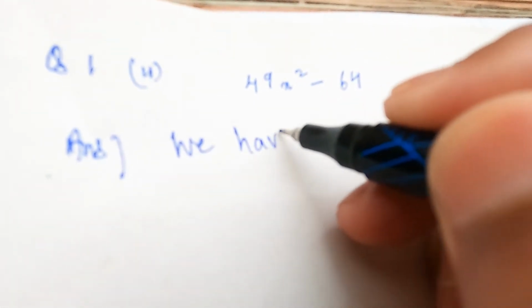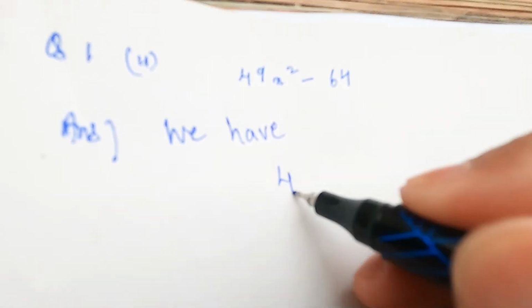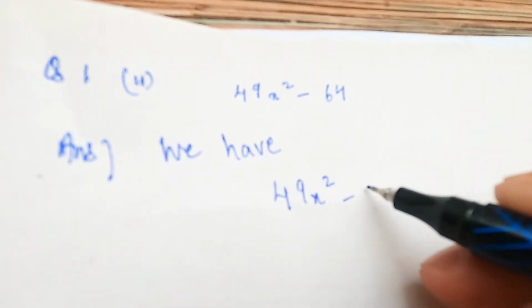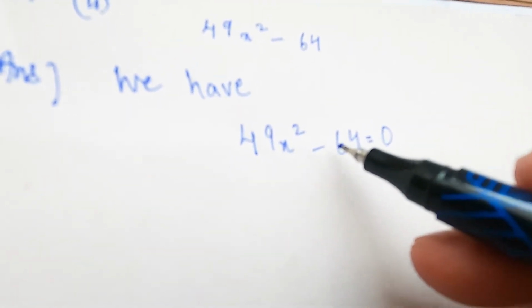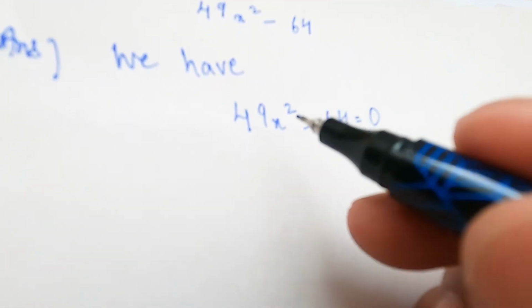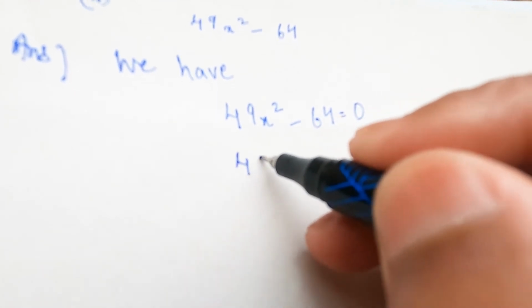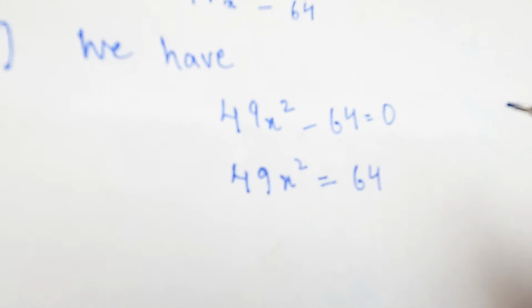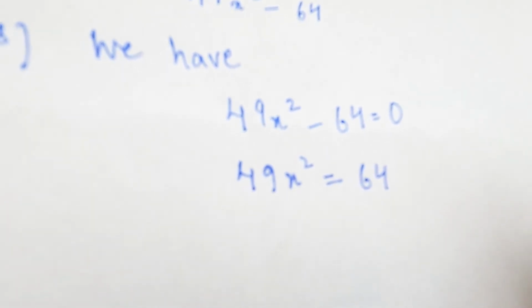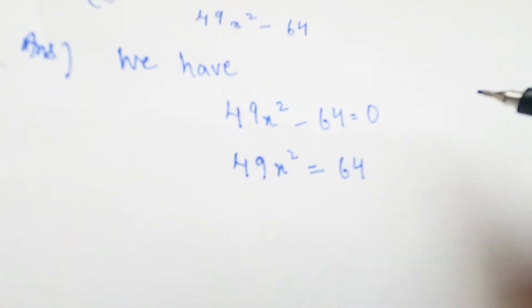So you write here we have 49x square minus 64 is equal to 0. So what we will do is we will transpose 64 to the right hand side. So it will be equal to how much? 64. All right.